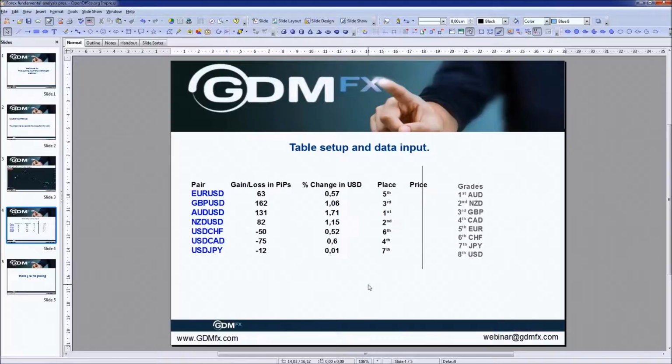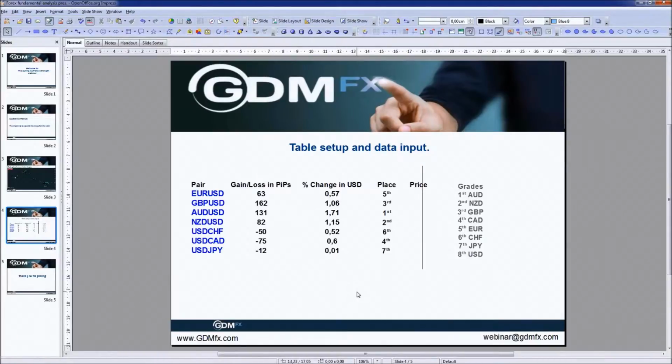That's why I've made different types of gains and losses here, so you can see the difference in percentages and how close sometimes they can be. You can see here 0.52%, 0.6% here, 0.57% here.